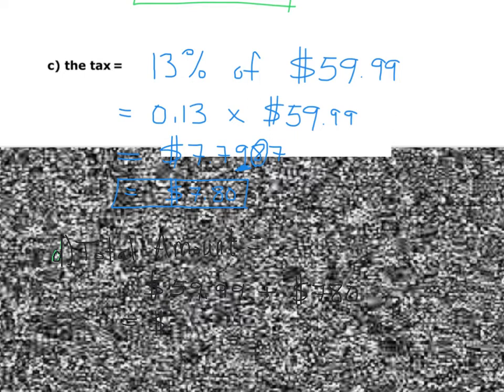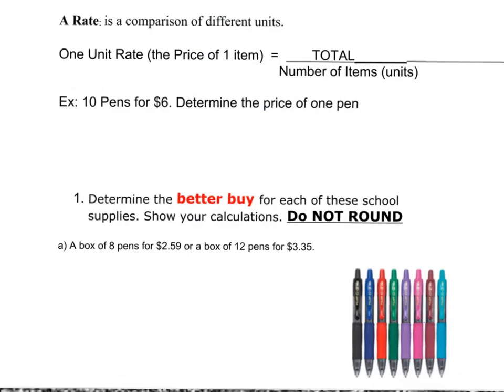When you add these two numbers, you get $67.79. So that amount here is the price of the jersey minus the discount, and then add tax on the discounted price. So let's go back to page number 7 and let's look at unit rate.